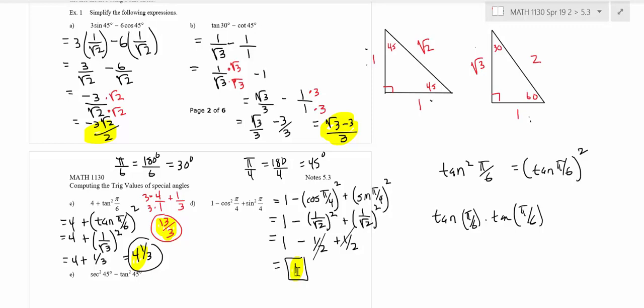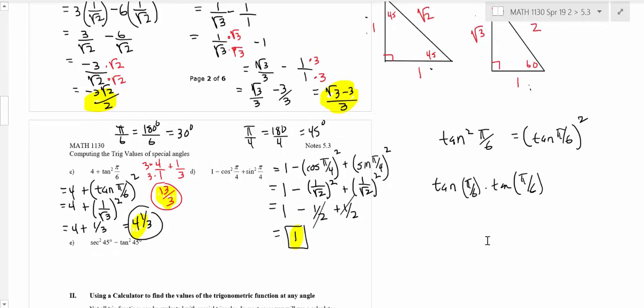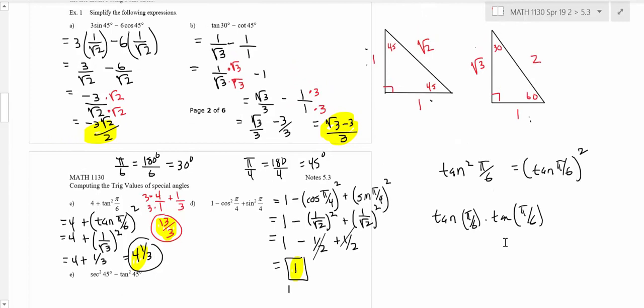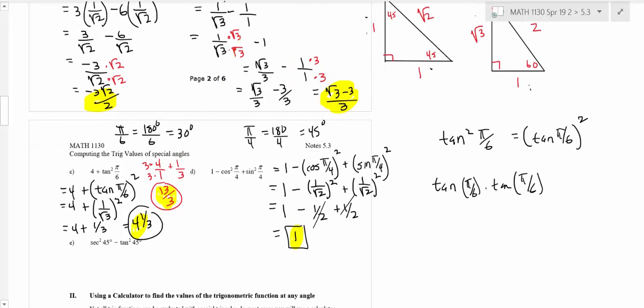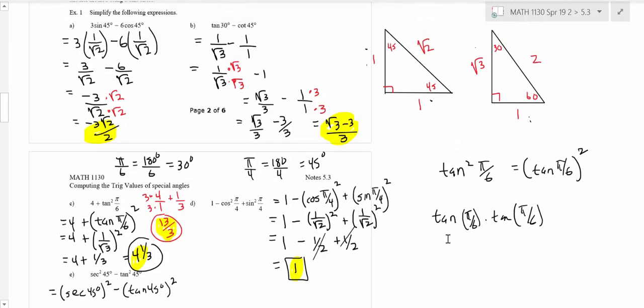Okay, this last one here: secant squared 45 minus tangent squared 45. You can write this as secant 45 degrees squared minus tangent of 45 degrees squared. If you look up the secant of 45, the secant is hypotenuse over adjacent, so secant is square root of 2 over 1.